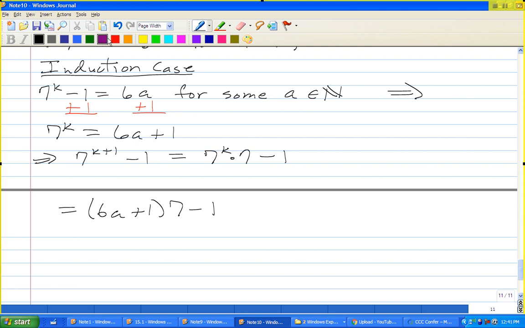Multiply the 7 inside the parentheses. So this is 42a plus 7 minus 1. So 42a plus 6. So I can factor out a 6.